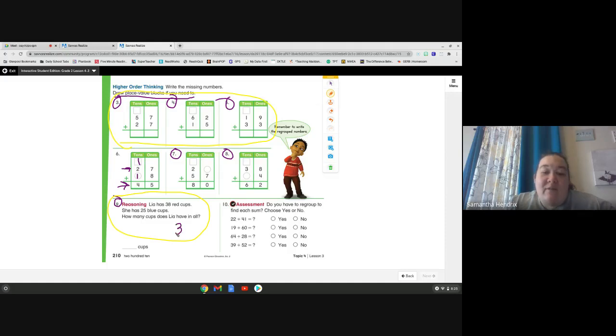So big kid problems, 38 plus 25 is how we set that up. Okay, that's what it looks like. That's what it's going to look like without these boxes. Okay, and then you add. You do have to regroup here. Do not forget to add in this one up here. Okay, take a picture when you're done and send it to me, guys.